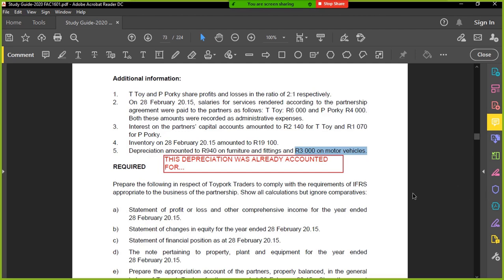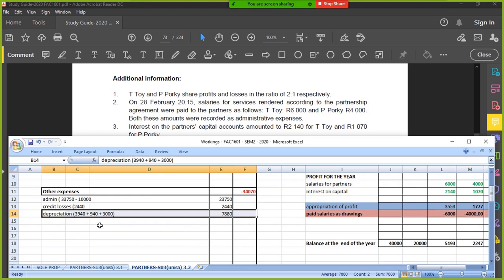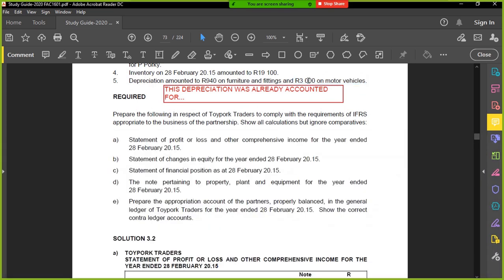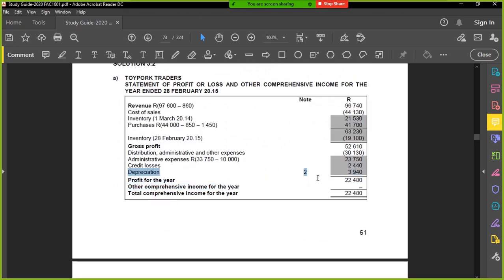Yes, you would, and then you would have shown exactly what we've shown here. Had the question said depreciation amounted to 940 and 3,000, and they said the depreciation was already accounted for, then you would not have shown anything, and then you would have shown this. Does that make sense?